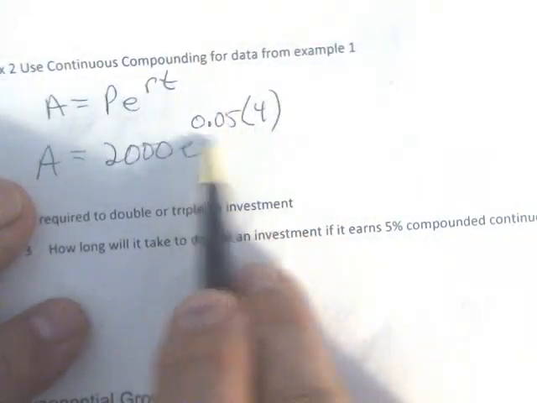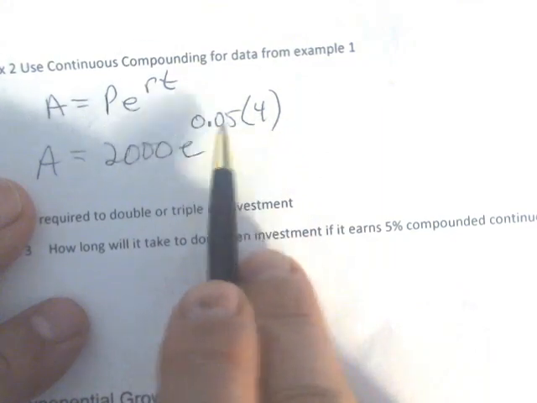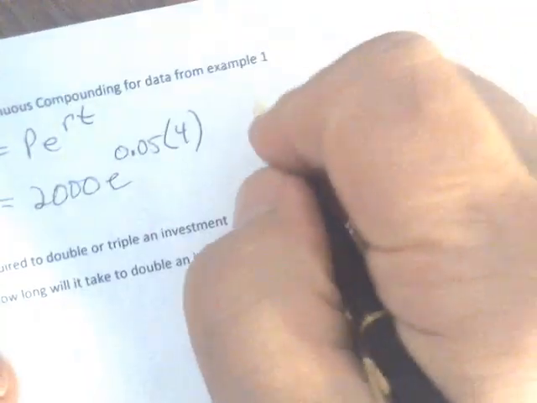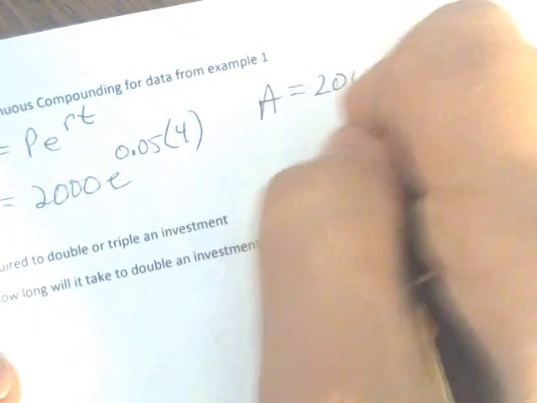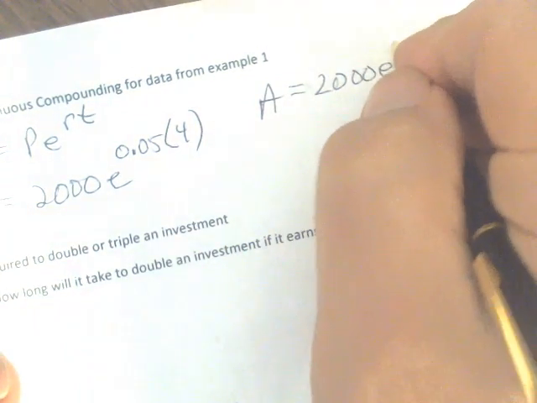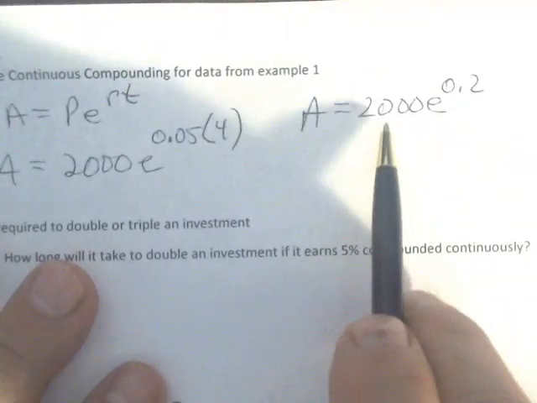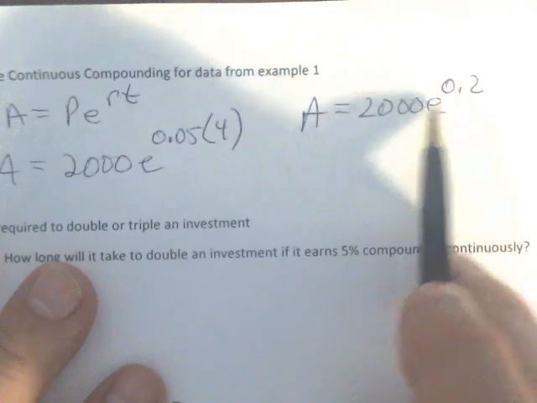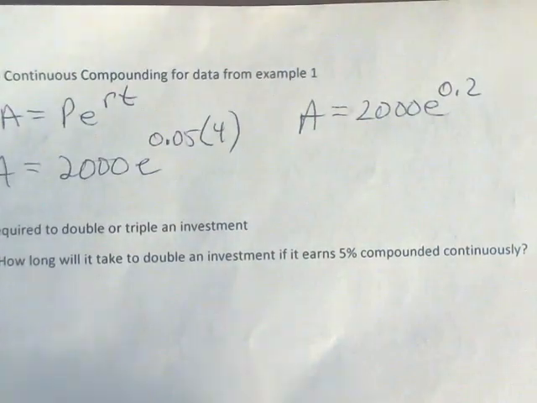So again, depending on your calculator, you may want to multiply that just to make it easier on yourself. So that's 0.2. So then A is 2,000 e to the 0.2. With a graphing calculator, you can do 2,000, pull up e, type in your exponent. Sometimes you may need to do e to the 0.2 first, then times 2,000.